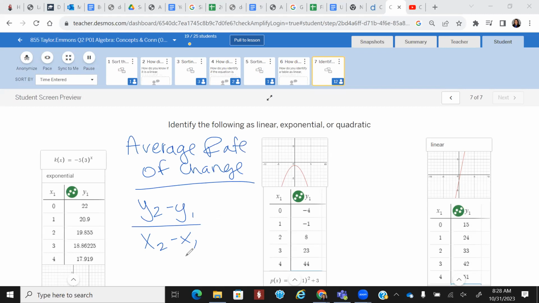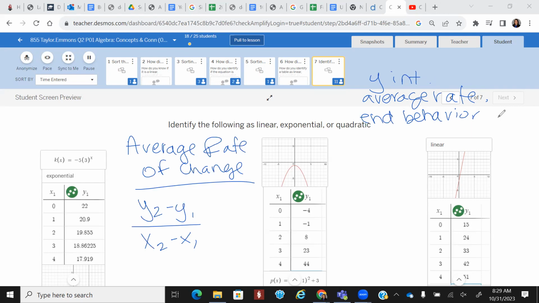There are 3 questions. One is going to ask about the y-intercept. One is going to ask about average rate of change. And one is going to ask about end behavior. You're going to be comparing 3 different functions using these 3 key features.